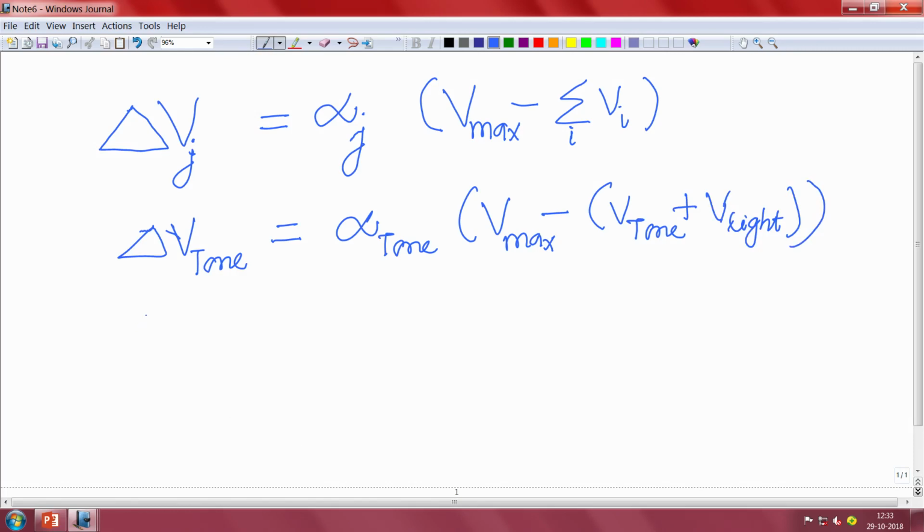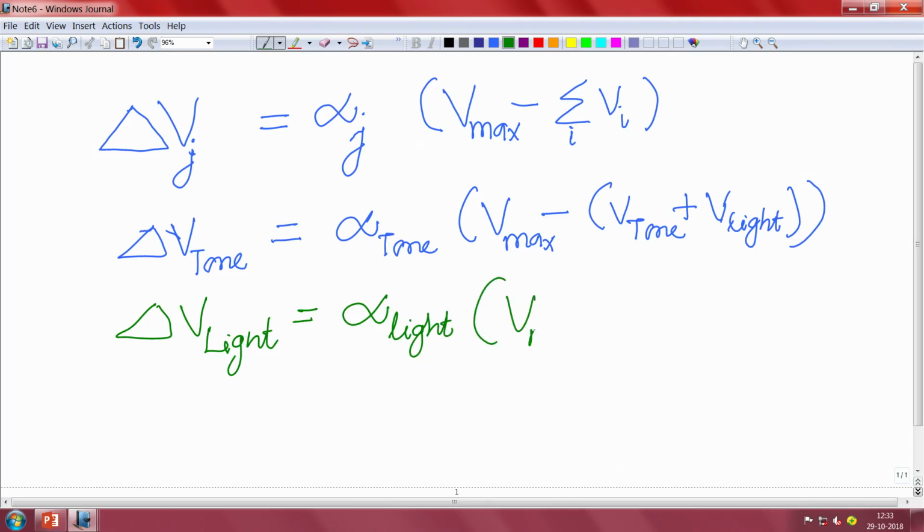And similarly, delta V, the change in response for the light, would be given by alpha of the light times V max.